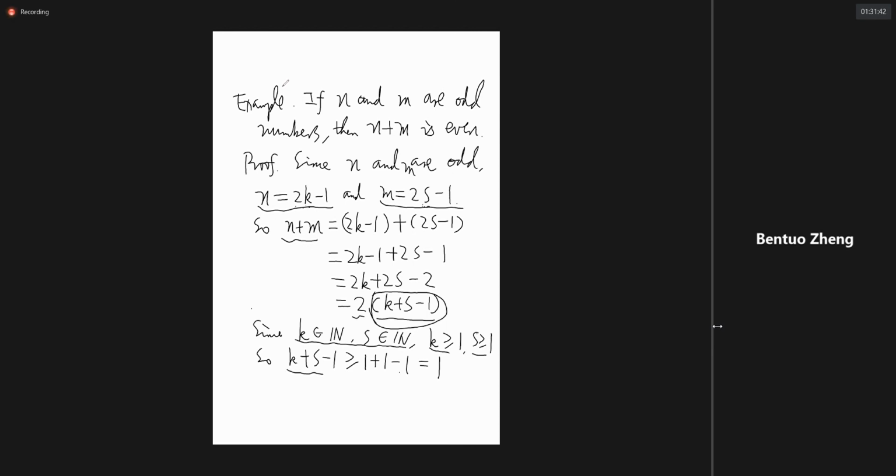So k plus s minus 1 is greater than or equal to 1 plus 1 minus 1, which is 1. So this tells you this part, k plus s minus 1, is really a natural number. Hence, n plus m is even.